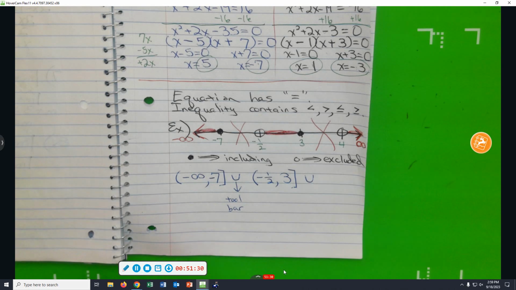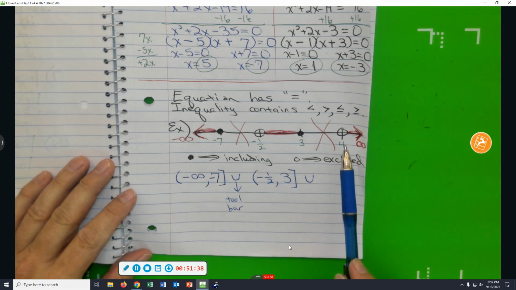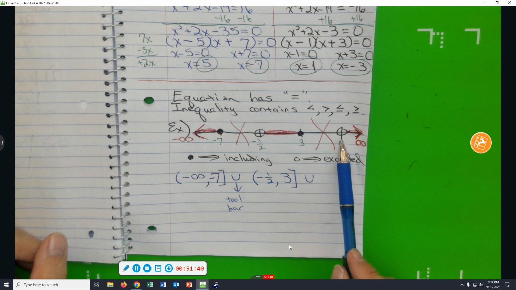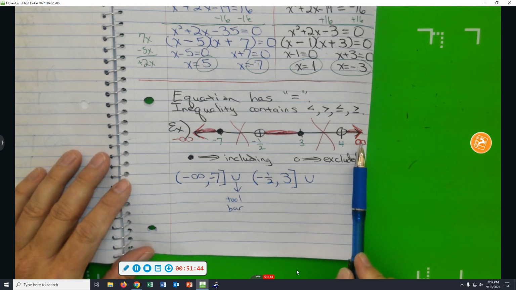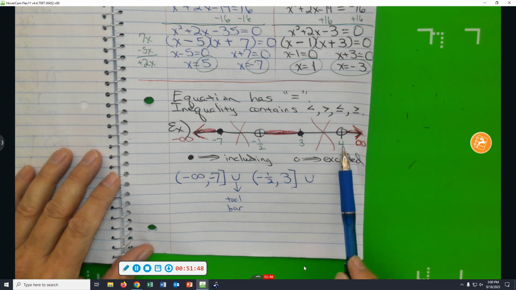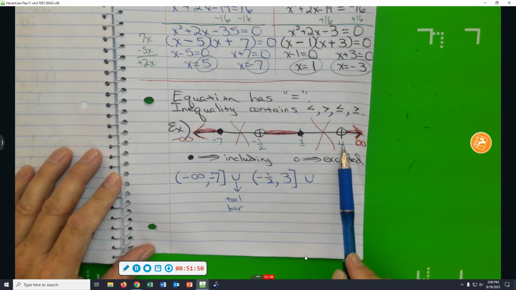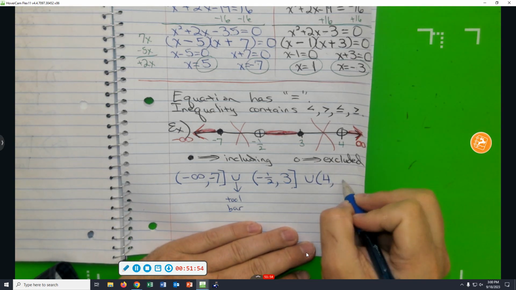Then the set union from the toolbar. For the last interval, you have to go small to big. The left-hand endpoint is a 4. The right-hand endpoint is a +infinity. What's going to go in front of the 4? Parenthesis, 4, comma, infinity.